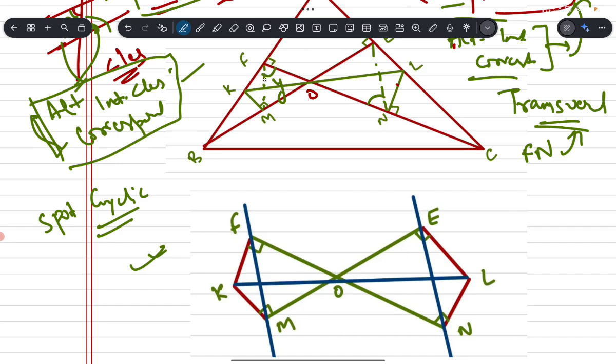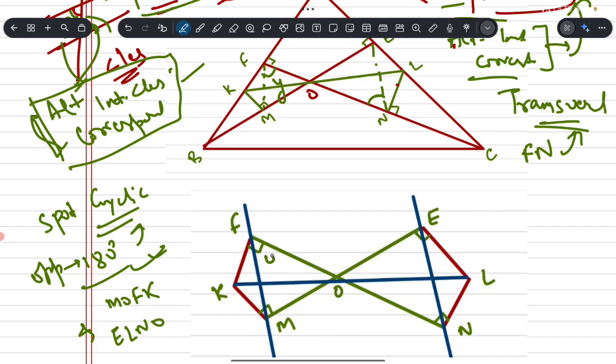This whole thing, right? So the opposite angles add up to what? 180. So we conclude that the quadrilaterals MOFK and what else? This one as well, ELNO. These are what? Cyclic, right?